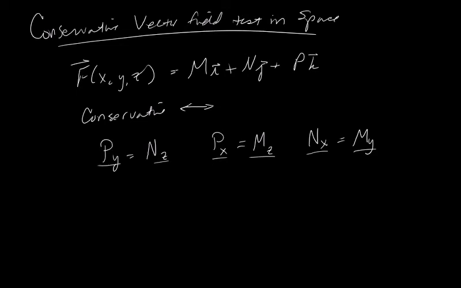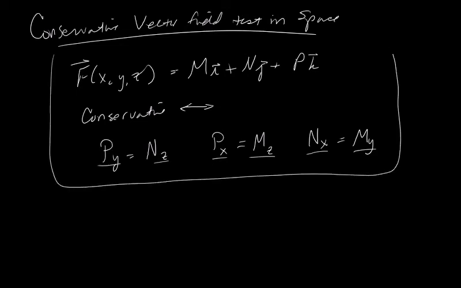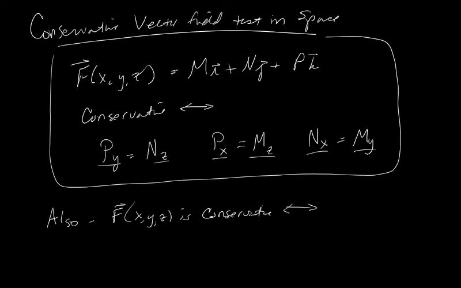Okay, now I'm going to go ahead and throw this out right now just because we're about to talk about it, but it's also true. Also, we know that this function is conservative if and only if, or IFF, however you like it, the curl of f is equal to 0.